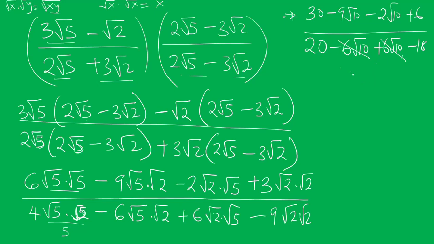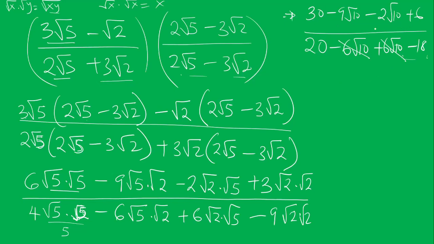So you now have a rational real value, not an irrational real value. So now 20 minus 18 will give you 2.